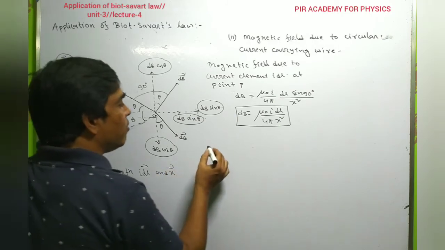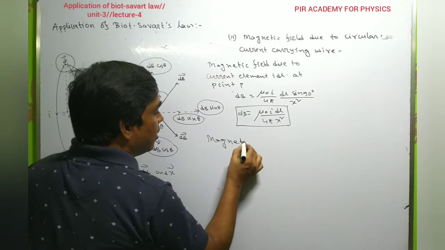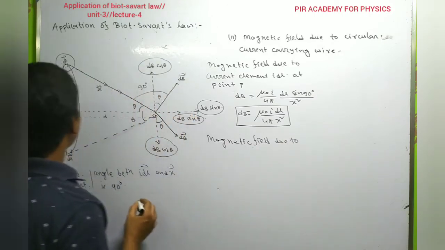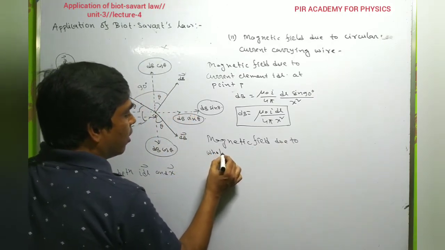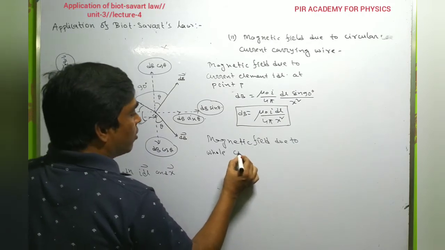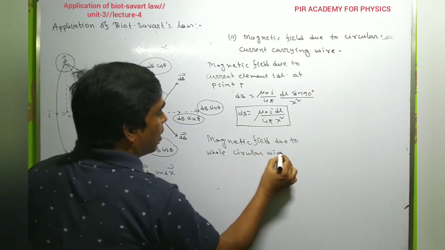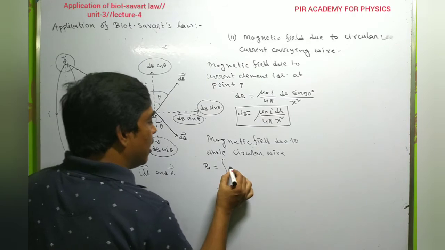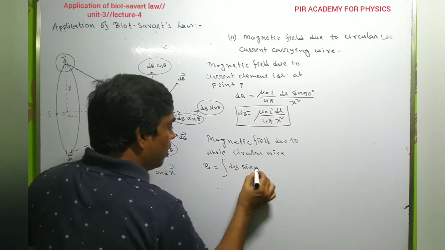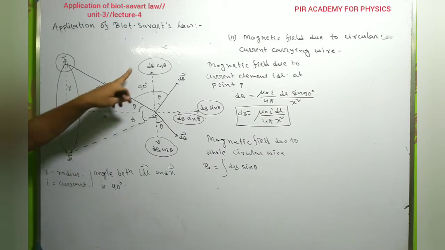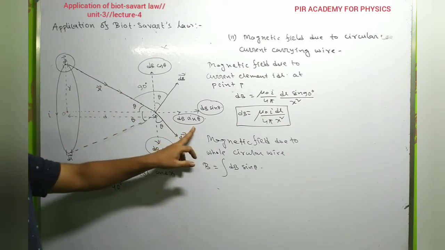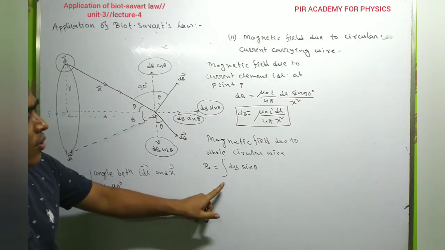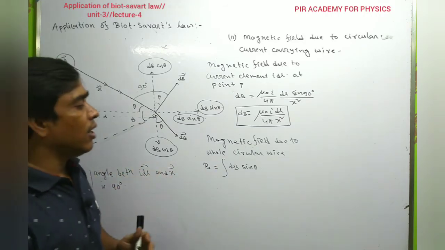So the magnetic field due to the whole circular wire will be B equals dB sin theta. Okay, so this component will cancel, but this component exists, so the integration over this circle is dB sin theta.